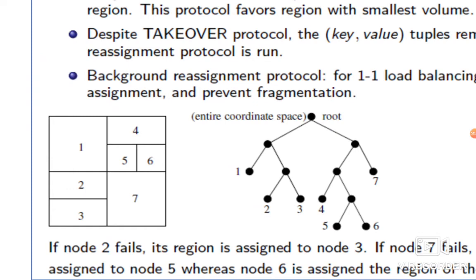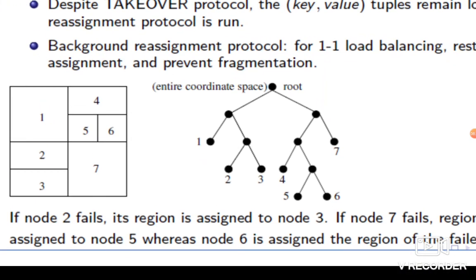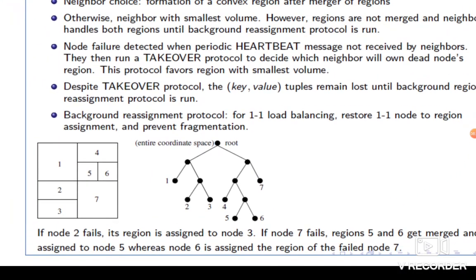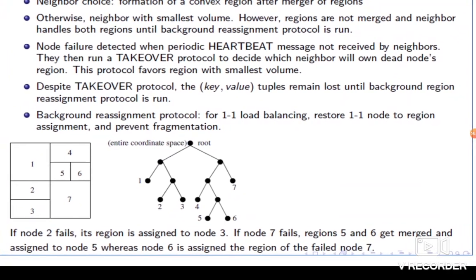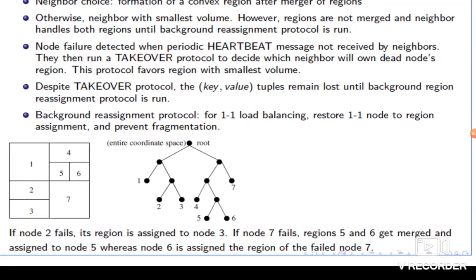For example, if node 2 fails, its region is assigned to its neighboring node 3. In another case, if node 7 fails, regions 5 and 6 get merged and assigned to node 5, whereas node 6 is assigned the region of the failed node 7.